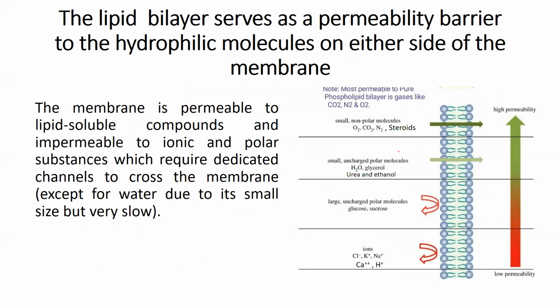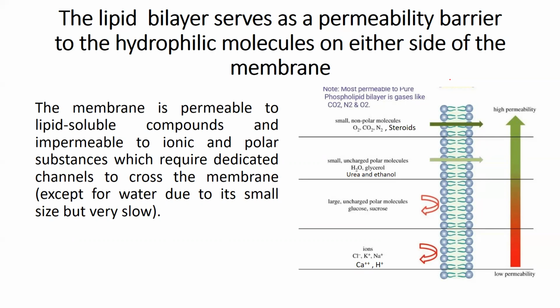And so the lipid bilayer, because of the composition of the hydrophobic tails in the middle and the hydrophilic heads that are facing both sides of the membrane, the membrane serves as a selective barrier against certain molecules.